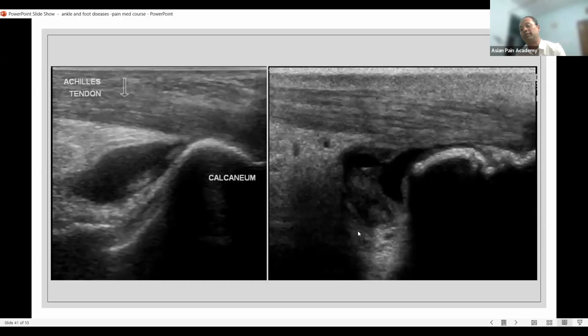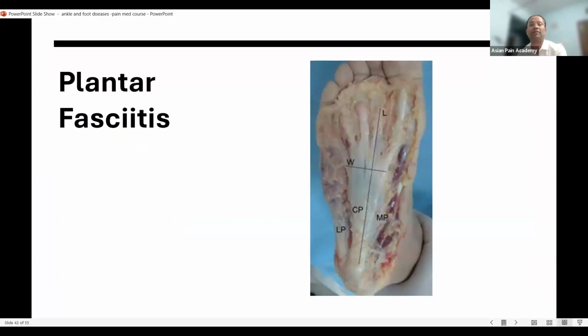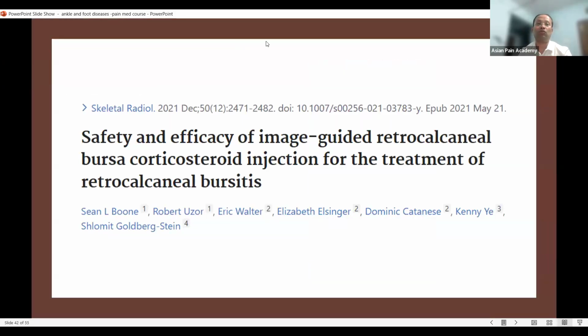So this is the retrocalcaneal bursitis picture. There are multiple studies on corticosteroid injection for the treatment of retrocalcaneal bursitis. I will show you the two things first. One is retrocalcaneal bursitis, one is the Achilles tendinosis or tendinitis area.